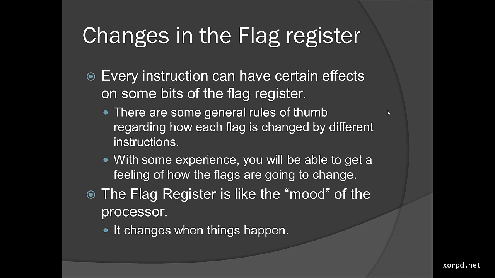You are going to have some kind of a feeling of what is going to happen. And the feeling is going to be correct most of the time. So I think this is the right way to learn, to get a feeling of what each flag means. And then when you understand it, you can predict pretty accurately what is going to happen whenever an instruction occurs.